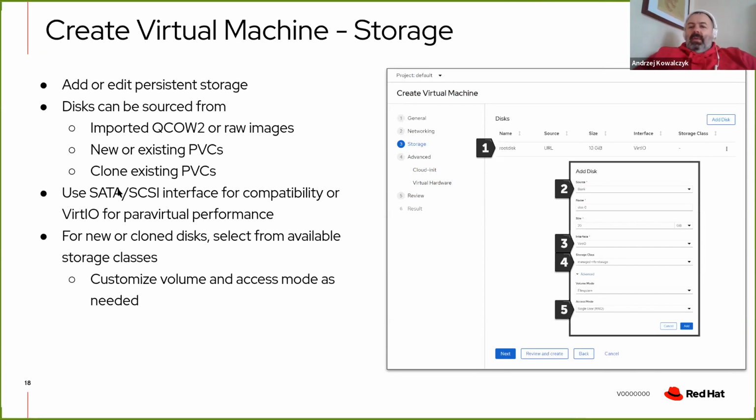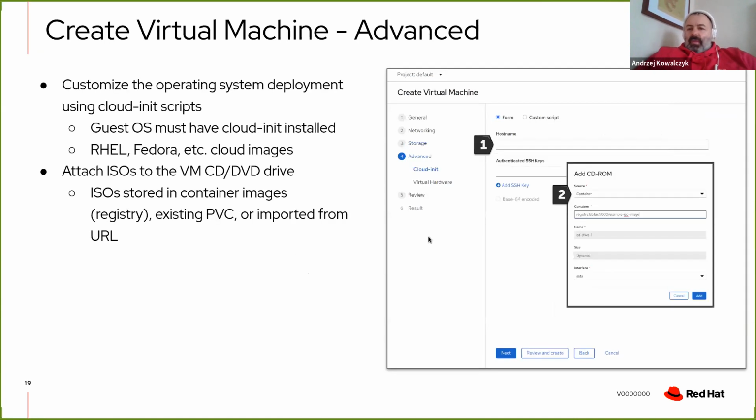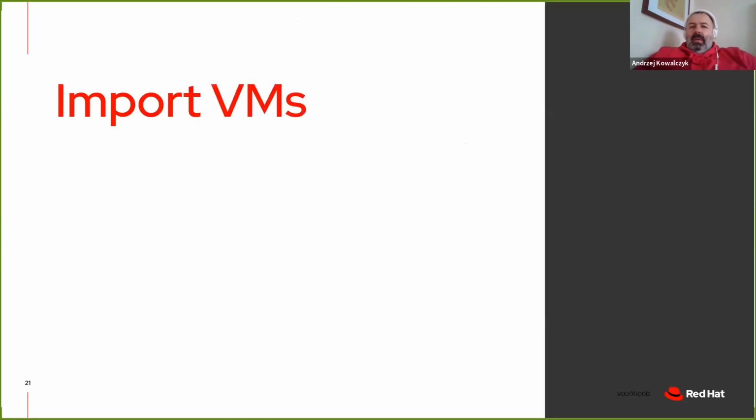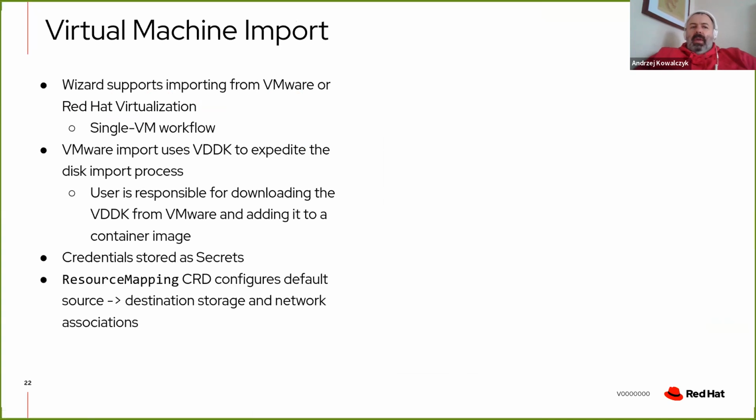Then you can easily connect this CSI to your virtual machine. For example, you can even add a CD-ROM, and you can create a virtual machine directly on OpenShift. You can power it on or not. So you can easily import VMs. As I said, you can use VMware or Red Hat Virtualization for this, and your virtual machine will be imported and will run inside OpenShift.